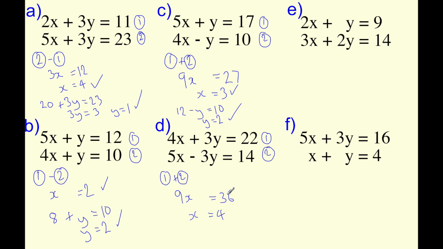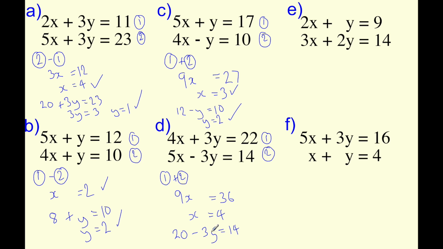4 9s are 36. Using the fact that x is 4, substitute in 5 lots of 4 is 20. Take away 3 lots of y to equal 14. So we can see now that 20 take away 3 lots of y is 14.